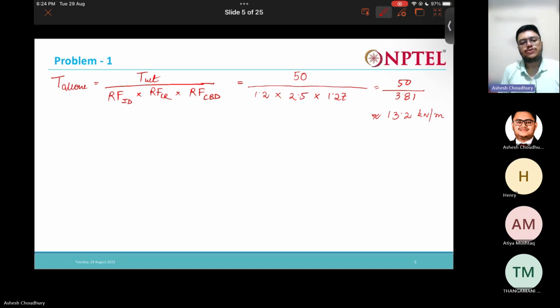Now we will be coming to the main part, that is the determination of spacing. The spacing is to be determined in such a way that this rupture criteria is satisfied.